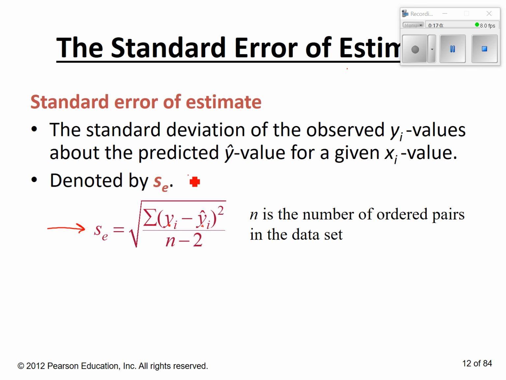We subtract those, each one of them, square each answer, and then we add them all up. N is the number of ordered pairs that we have in the data. We subtract off 2, so it's n minus 2 on the bottom there, and we take the square root of all that. That's going to give us the standard error of estimate.